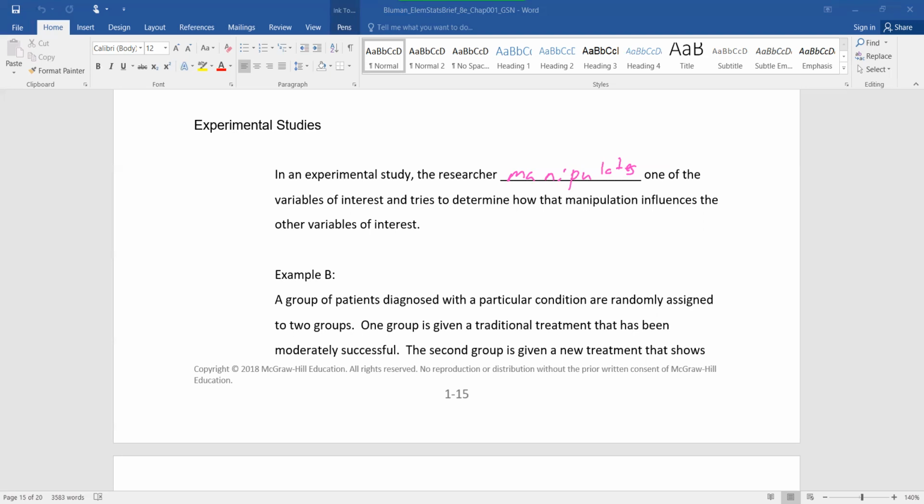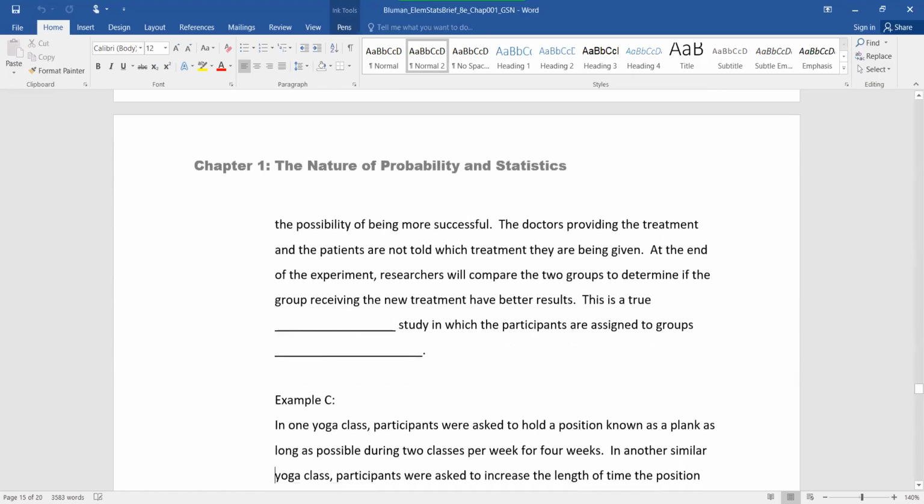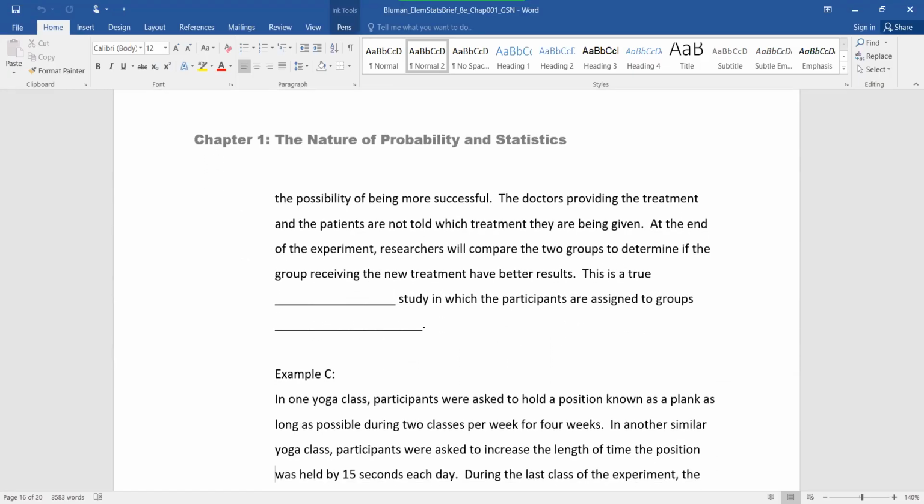So again, that would be a true experimental study, in which the participants are assigned to groups randomly.